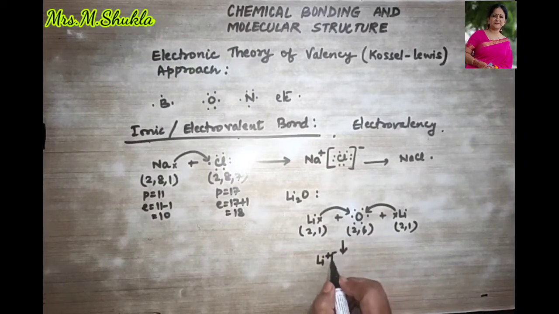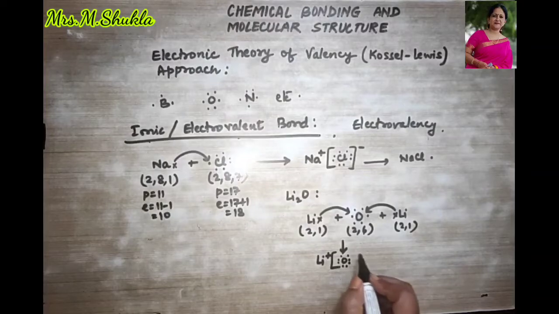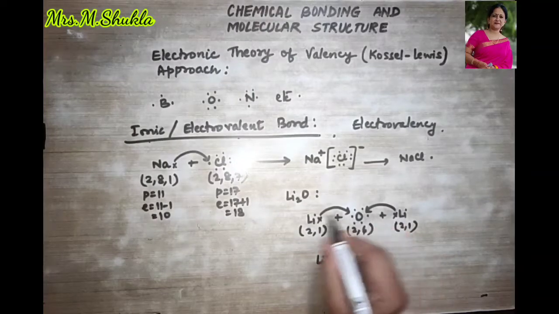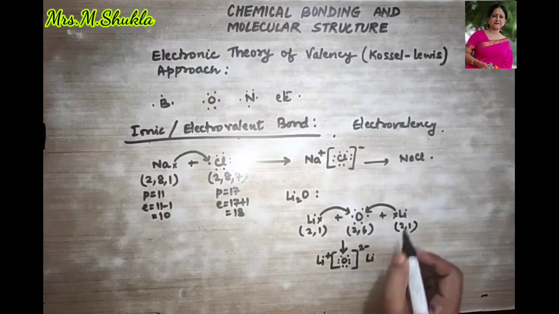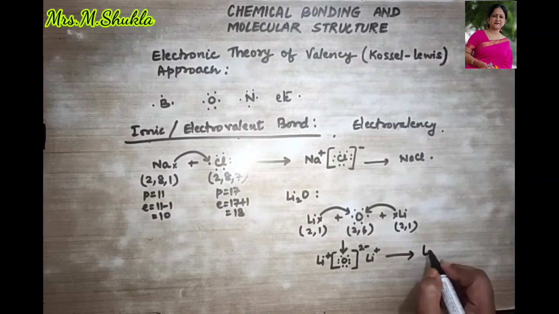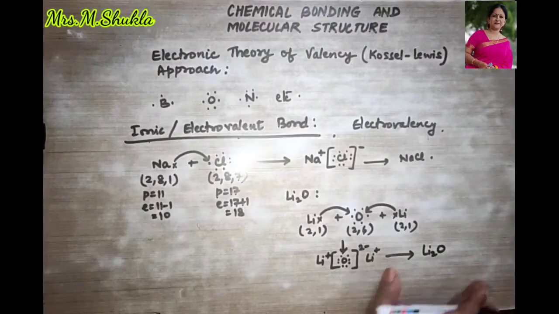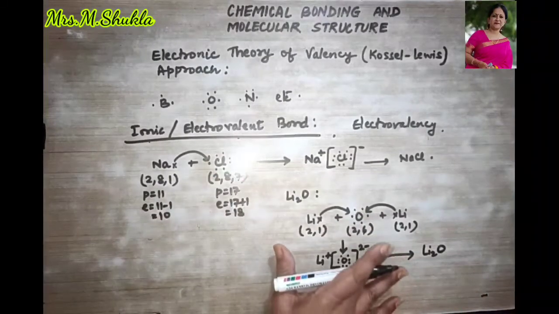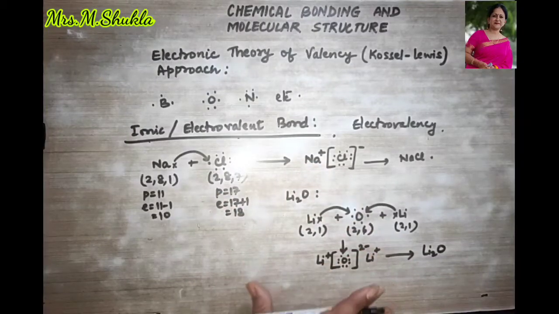For this, then this is your oxygen. Oxygen forms 1, 2, 3, 4, 5, 6, 7, 8. 2 electrons, minus 2. And lithium, when it loses, becomes a positive charge, right? Thus, the formula that is formed is Li2O. So, I hope you have already understood how we do the ionic bonding, right?